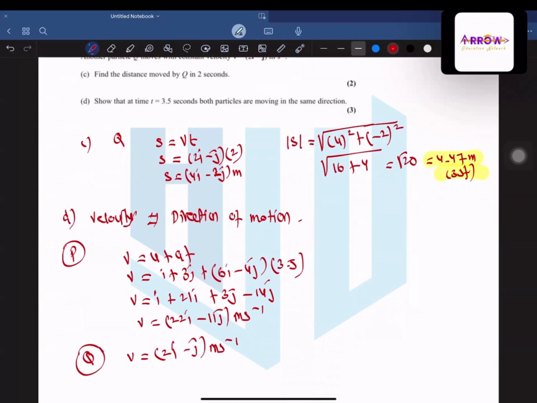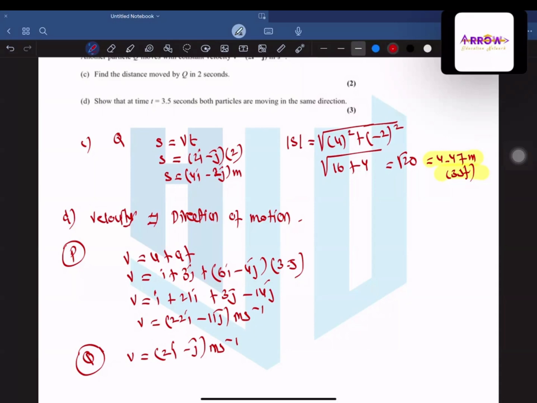We just need to establish that these two vectors are scalar multiples of each other. Because when one vector is a scalar multiple of another vector, this means that they are parallel to each other, and this also means that one vector is moving in the same direction as the other vector.